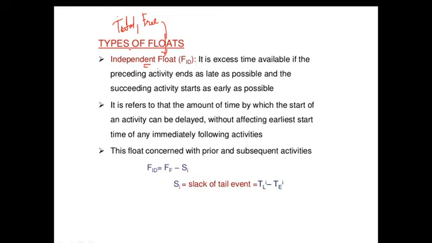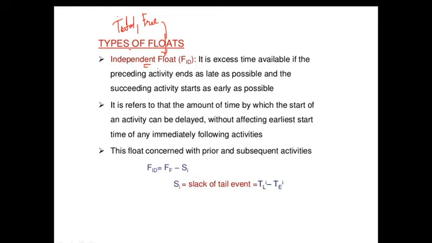The independent float is therefore defined as excess of minimum available time over the required activity duration. Once again, listen to this, independent float is defined as excess of minimum available time over the required activity duration.